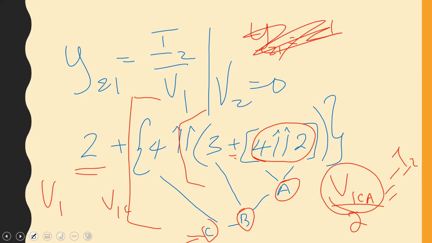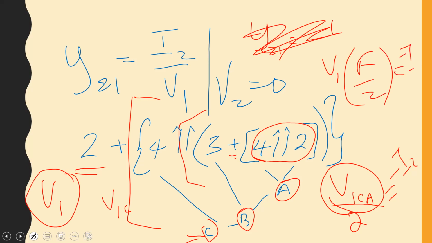This component, which would be a fraction of V1, all right? It would be a fraction of V1 divided by 2 will give you minus I2. So whatever that fraction is, you would have V1 times that fraction over 2 is equal to minus I2. And from that, you find Y21.